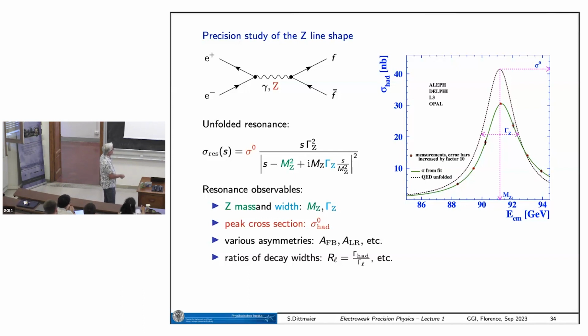Sigma from fit means it's just a prediction out of the box, so to say, with this radiation, for example, included. And this is not exactly the shape from here, but what you can do is at least try to unfold, as the experimentalists say, or strip this emission pattern away to go really to the heart of the process here without radiation.